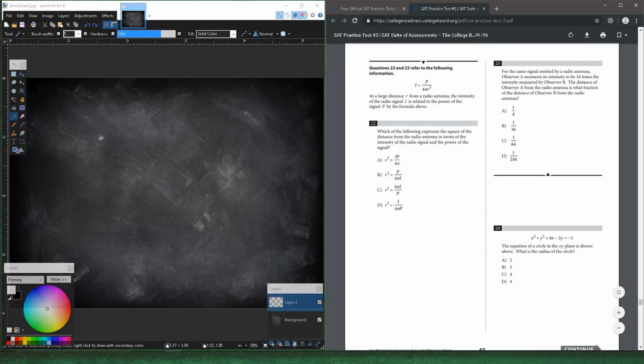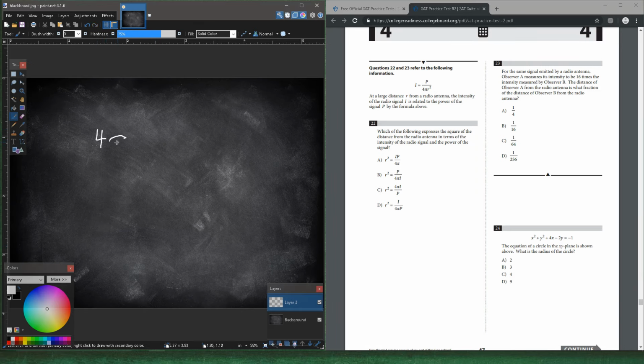So it's 4 pi R squared times I is equal to P. So we want to just have R squared. So R squared is equal to P divided by 4 pi I. So the answer is B.